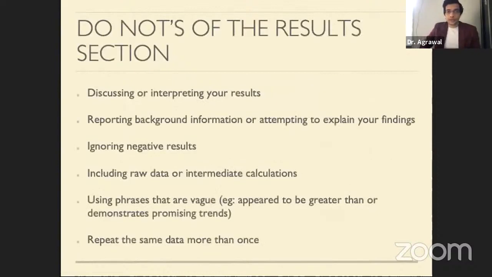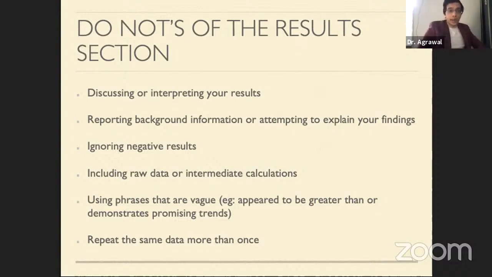And the do nots of the results section: do not discuss or interpret your results. Save all this for the next section of your paper, which is the discussion section. Although where appropriate, you should compare or contrast specific results to those found in other studies, which would again be done in the discussion section.